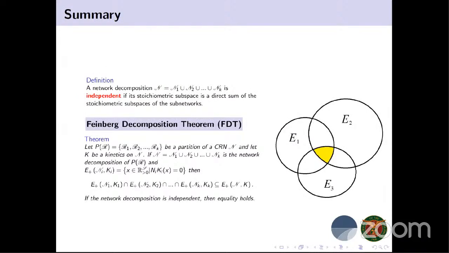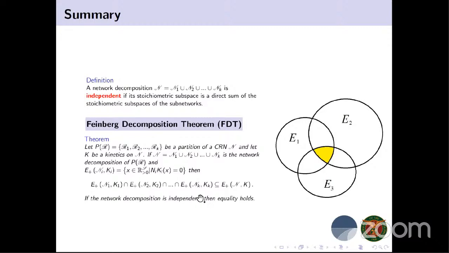So, definition: a network decomposition N, given by the following, is independent if its stoichiometric subspace is equal to the direct sum of the stoichiometric subspaces of the subnetworks. We also introduced what we call the Feinberg decomposition theorem, or FDT. We have this decomposition of the network, and you have the equilibria sets of the subnetworks.